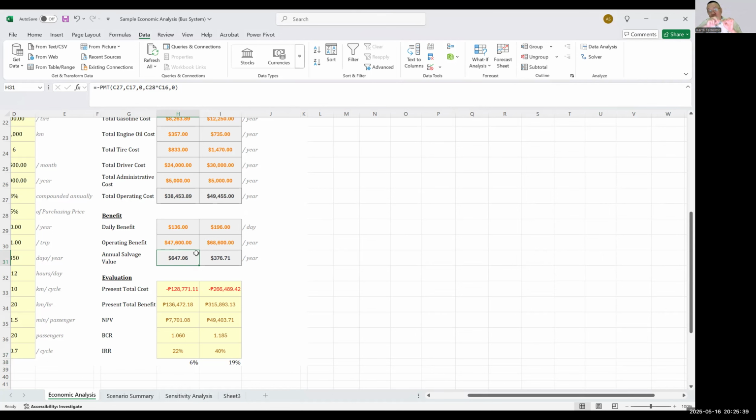Instead of putting it at the end, we take the equivalent annual worth. So the equivalent you can put in the present value or in the future value or in the annuity.